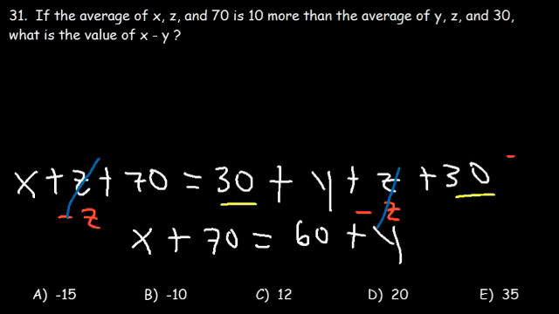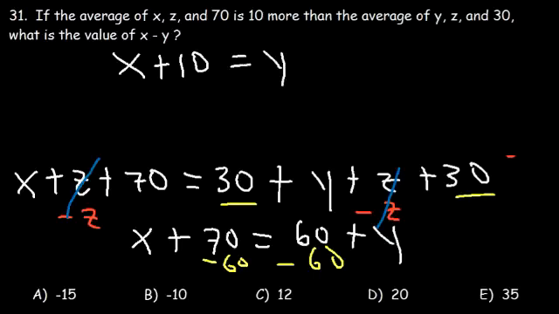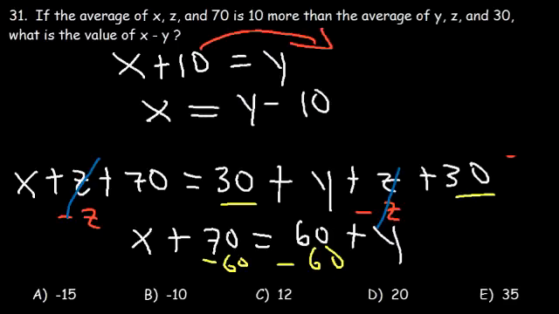If we subtract both sides by 60, what we now have is x plus 10 is equal to y. Let's move the 10 back to this side. So x equals y minus 10. And now let's subtract both sides by y.